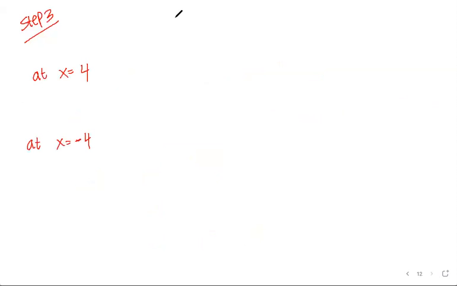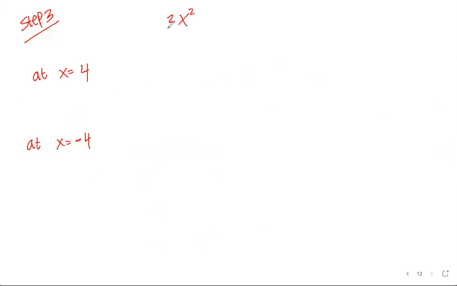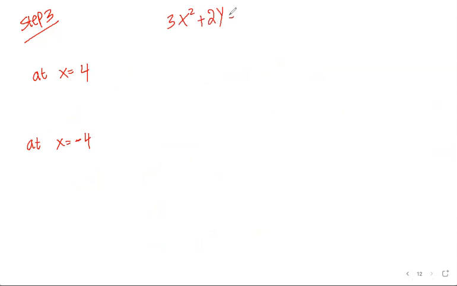So the equation is 3x squared plus 2y equal 26. At x equal 4, plug it here.